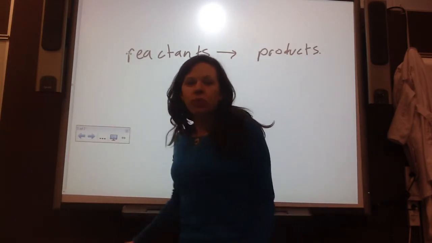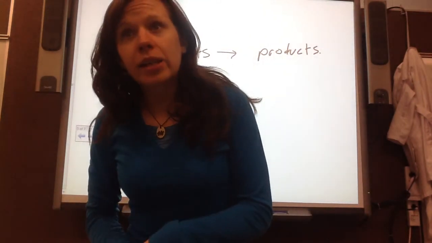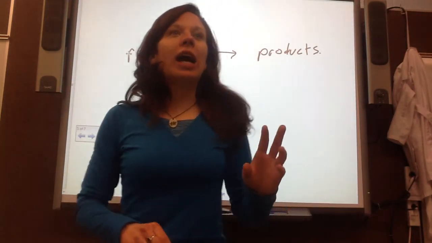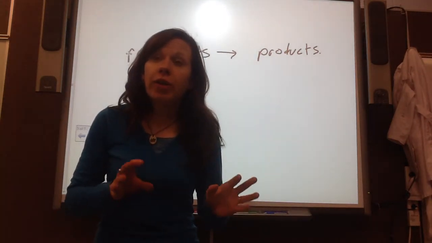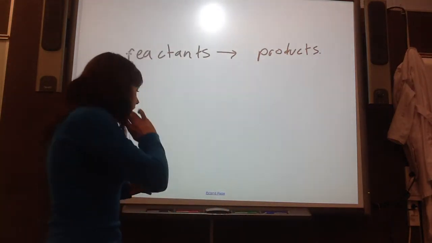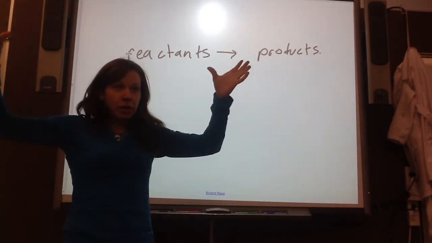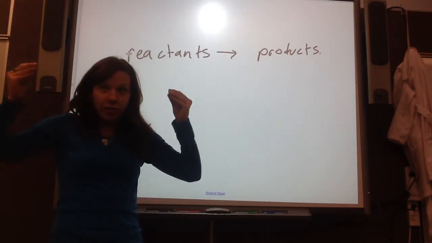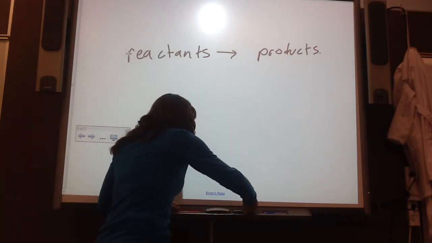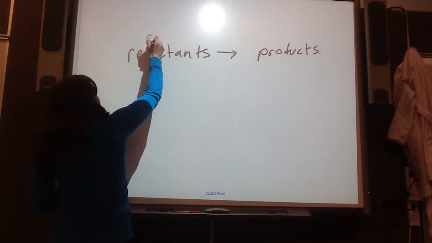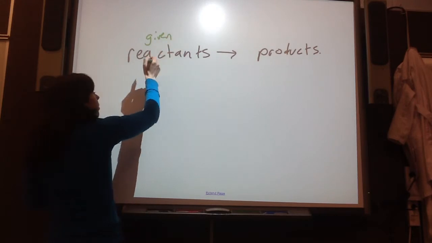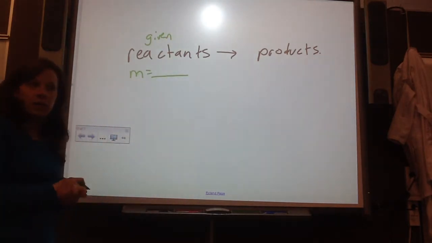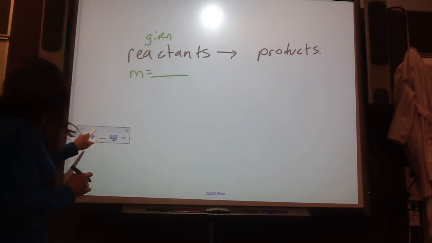So say you are given the mass about a product or just any species, and you're asked to find the mass of another species. So this is kind of like a map. Okay? Ready? This is the map to all gravimetric stoich problems. So say you were given information about reactants. You would be given it in the form of a mass for gravimetric questions.